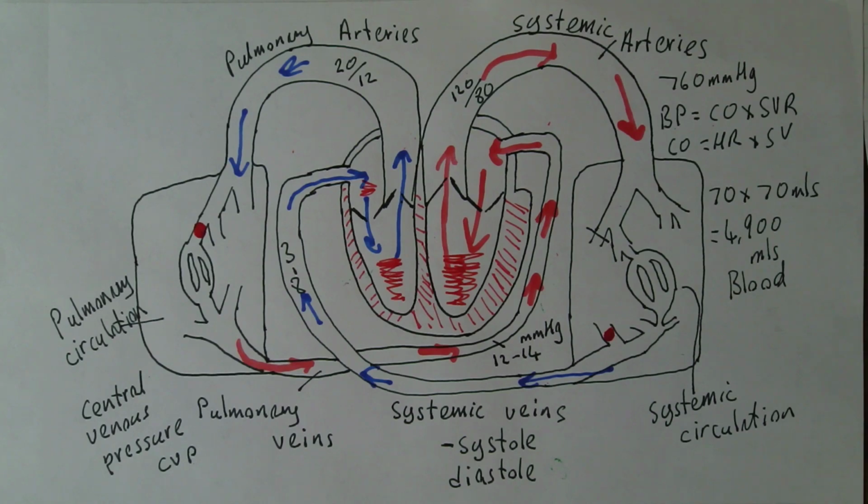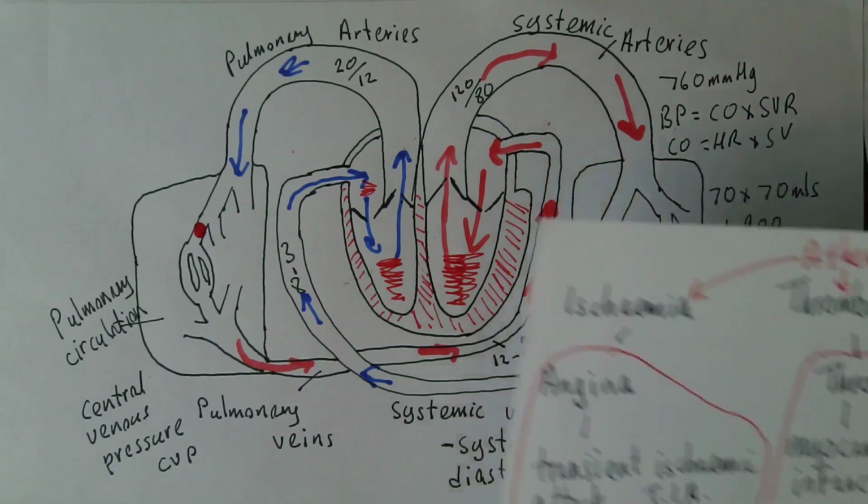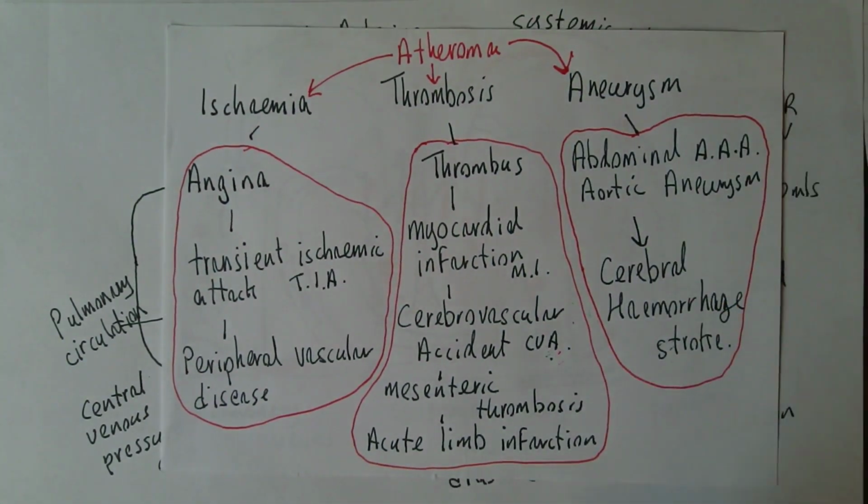If you've got healthy systemic arteries, you won't get this list of very common conditions that we've just considered. So we need to learn how to advise people on preventing atherosclerosis and managing it early if we are aware of its presence.